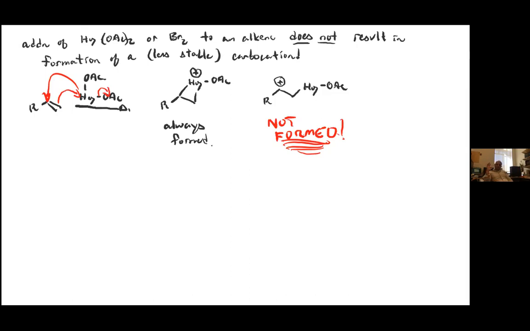We said that this is a better situation than a carbocation itself because I've maximized bonding and filled all the octets. Nonetheless, the mercurinium ion and the bromonium ion are still electron deficient, and the positive charge that we draw on mercury is simply a formal charge to help us with electron bookkeeping, keeping track of the electrons. But there's positive charge character delocalized over the mercury and the 2 carbons that are in the ring.